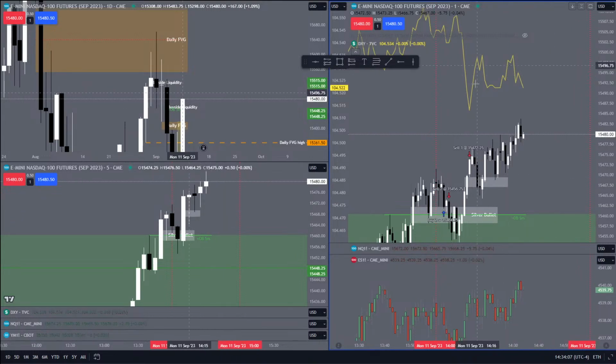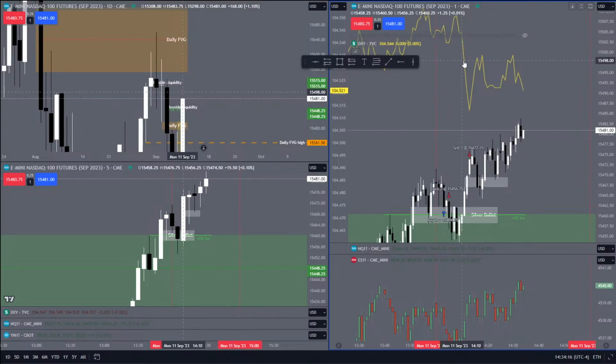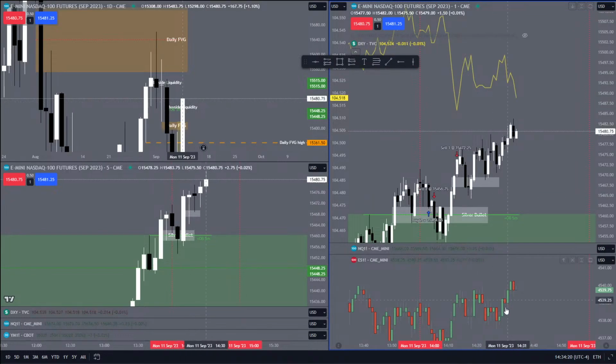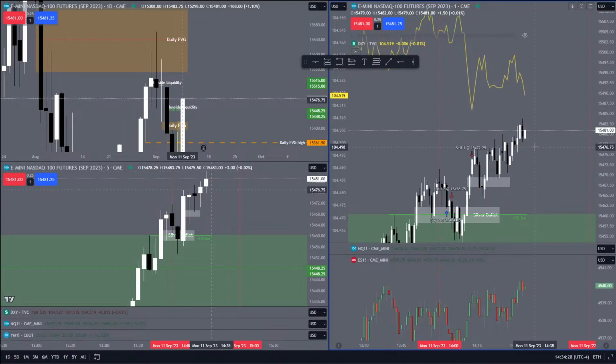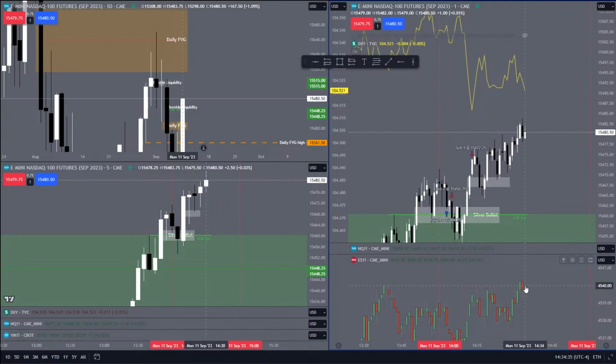Okay, so you can see the dollar came up, made equal highs right here. Now we're going lower. When the dollar is sideways like this, the indices can kind of gravitate up or down. ES looks like it made its higher high over here.